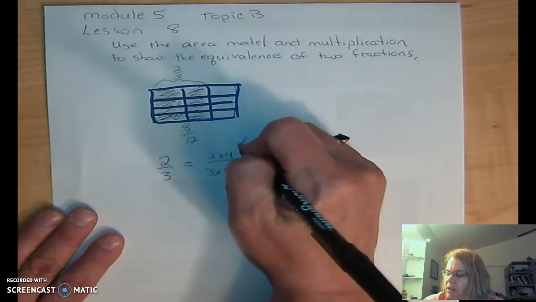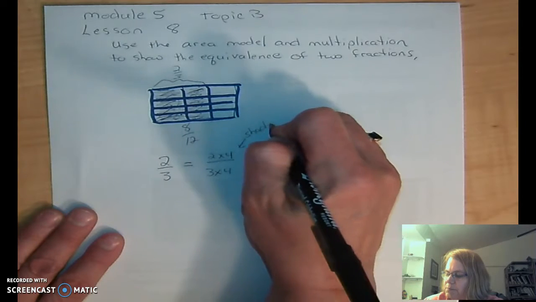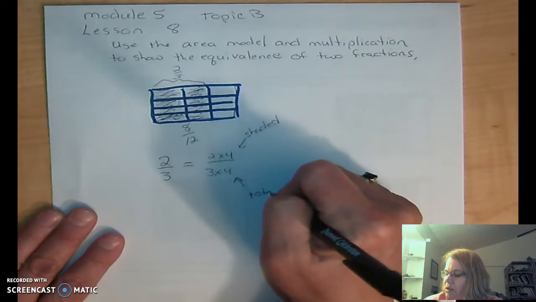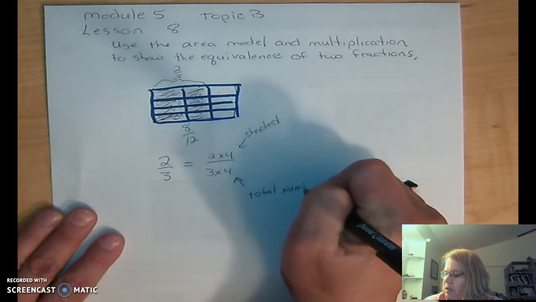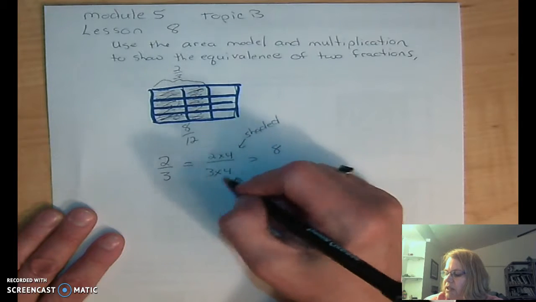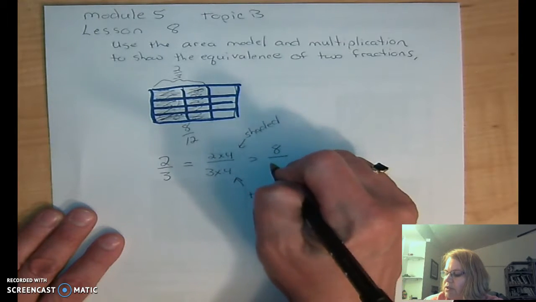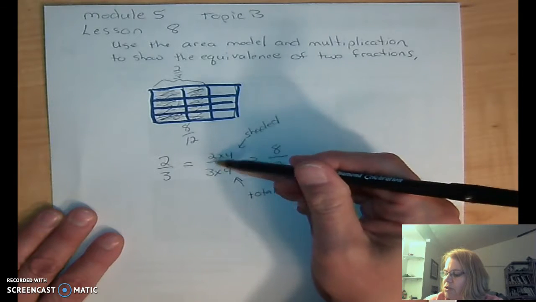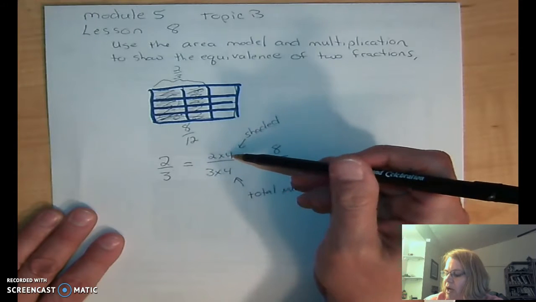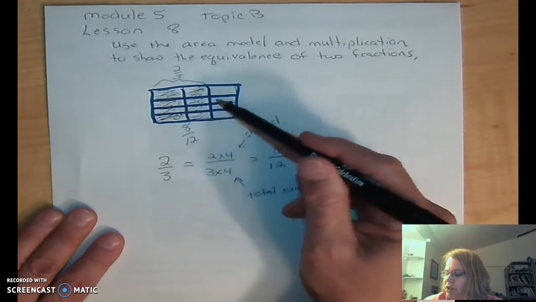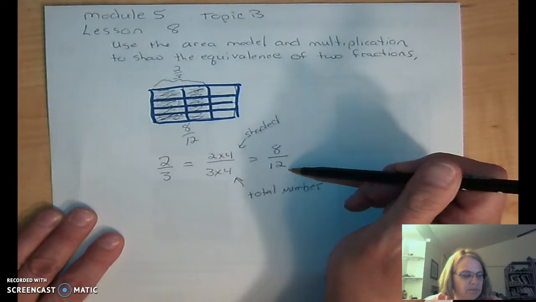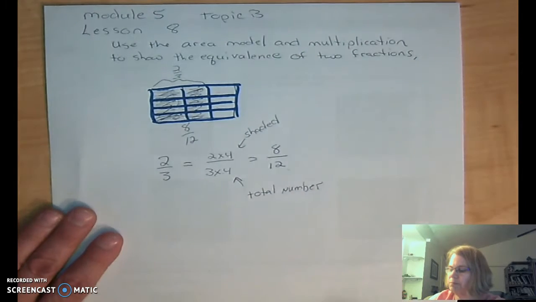So this is our shaded part. And this is our total number. So if we did 2 times 4 is 8, 3 times 4 is 12. So 2 over 3, which is our original number, times 4, because we partitioned it 4 times, equals 8 over 12.